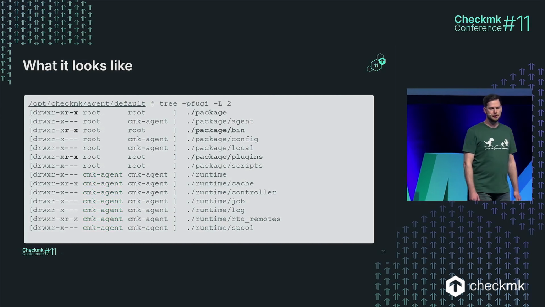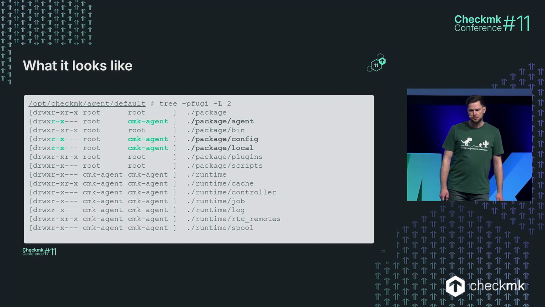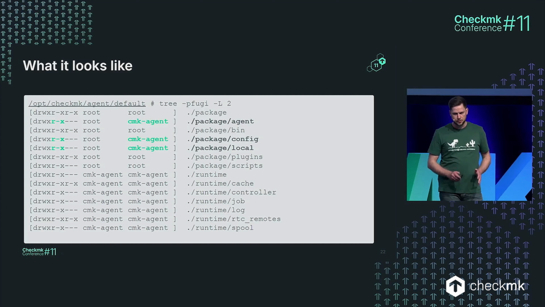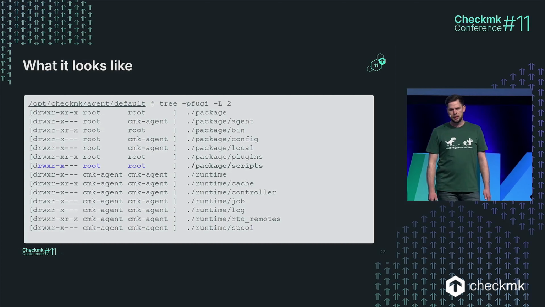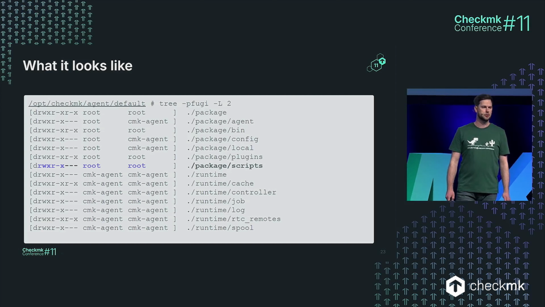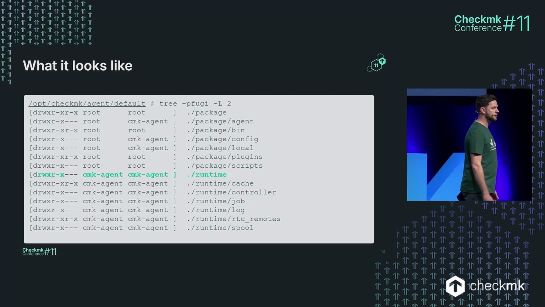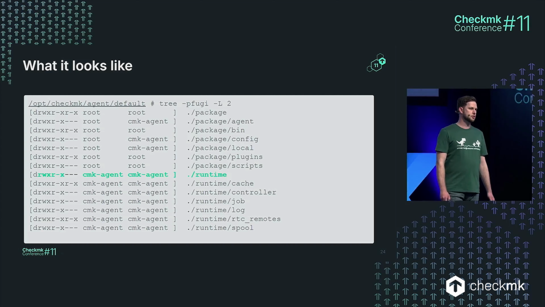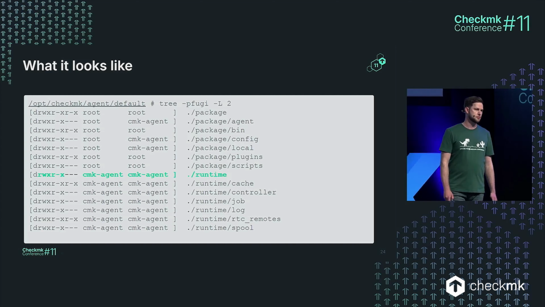Some package subfolders are world accessible, while some are only accessible but not writable by the agent user. The script subfolder even is only accessible by root, because it's only needed on installation or agent update. The runtime directory is accessible only for the agent user, so no information below can be leaked.